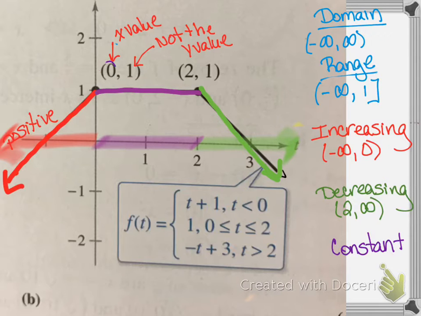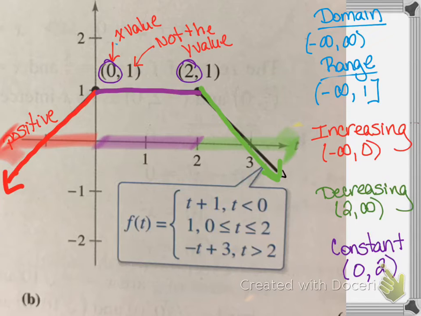So we're only looking at my x values. How far do I go? To 2. I go to 2. Okay. So what we're looking at is the intervals when my graph is increasing and decreasing.